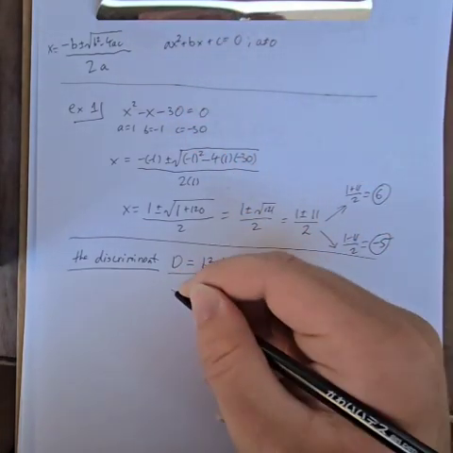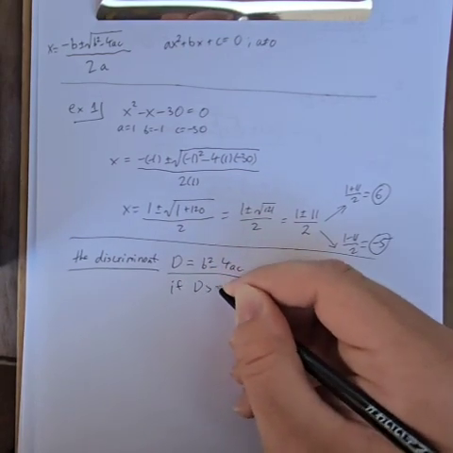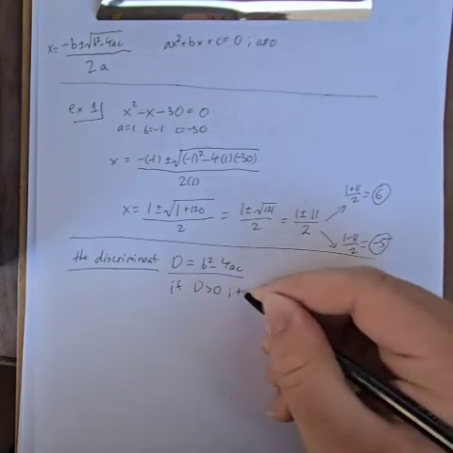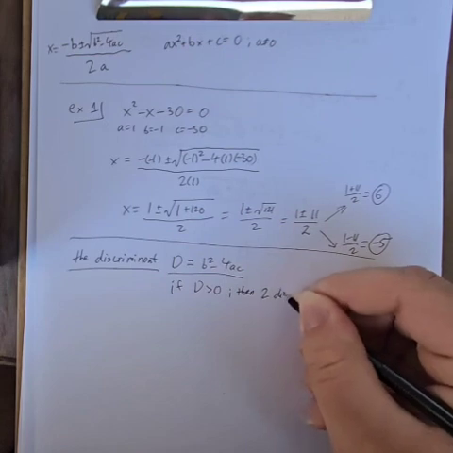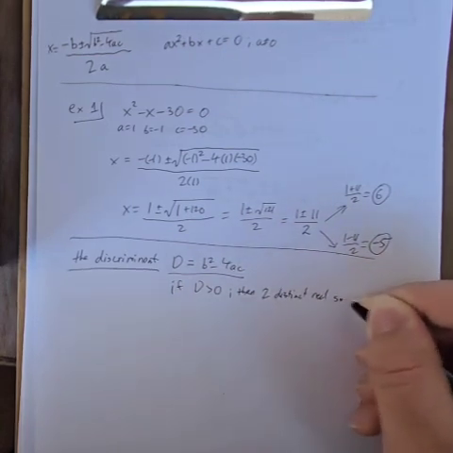So there's a few rules about this. If D is greater than 0, whatever it might be, then there's going to be 2 distinct real solutions.